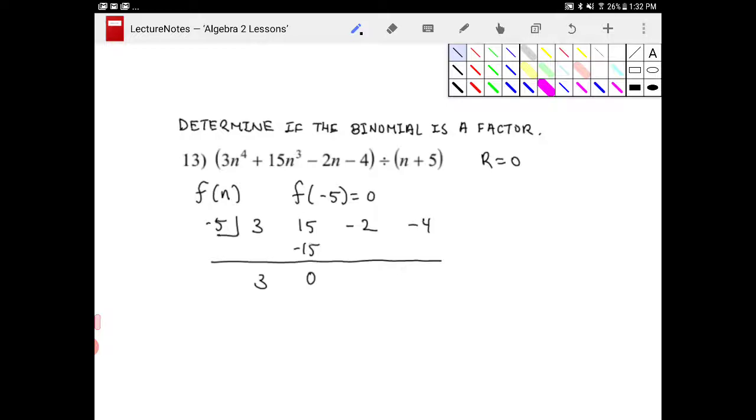Add them, I get 0. Negative 5 times 0 is 0. Negative 2 plus 0 is negative 2. Negative 5 times negative 2 is positive 10. Negative 4 plus 10 is positive 6. So I have a remainder of 6. So will n plus 5 be a factor? It will not be a factor.